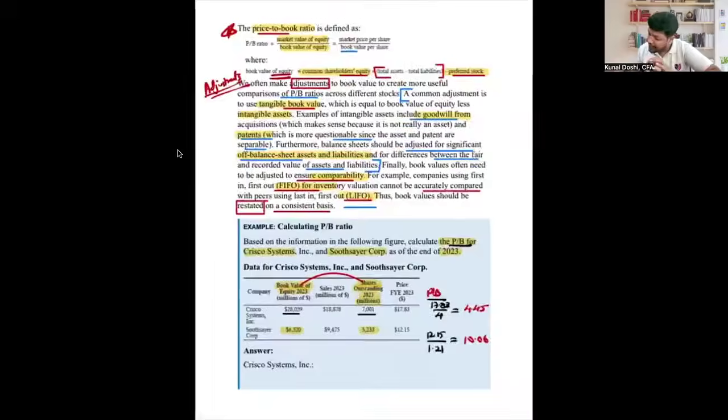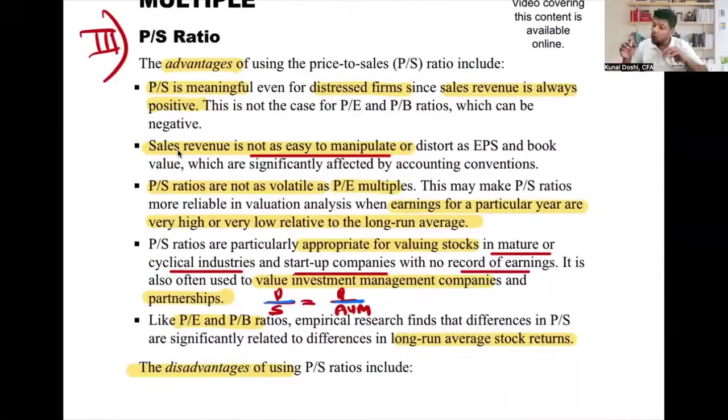Now we are going to look at the price to sales, which is less manipulative because sales are difficult to manipulate compared to the previous two. This is generally used when the companies have very high sales growth but not enough profitability. Price to sales is meaningful even for firms where the sales revenue is at least positive compared to others.